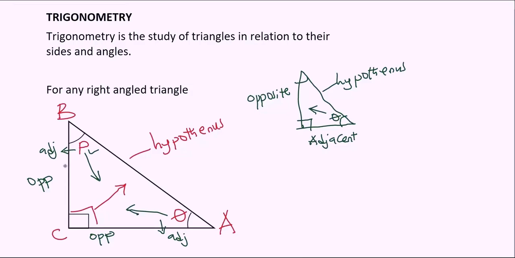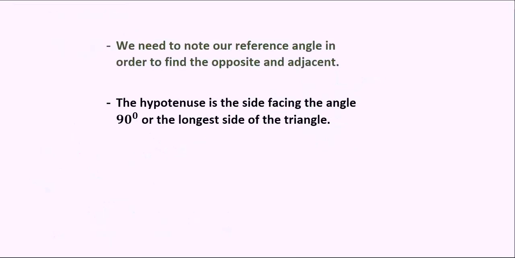Then if you have another angle, whether beta, gamma, or P, like we have here, the side opposite P happens to be your opposite. So we need to identify the reference angle first, then we can know our opposite or our adjacent. While for the hypotenuse, we do not need to identify our reference angle to be able to find our hypotenuse. So take note of this.